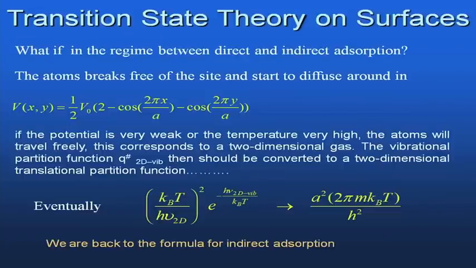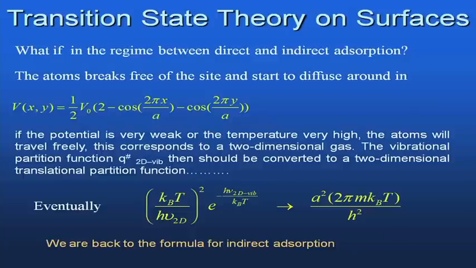Next is, what if we are in the regime between direct and indirect adsorption? Because we have discussed 2 extreme situations. One is indirect adsorption, which we talked about in our earlier lecture, and right now we discuss direct adsorption.